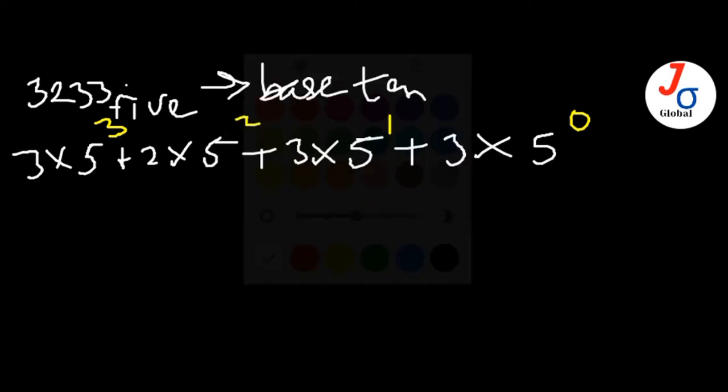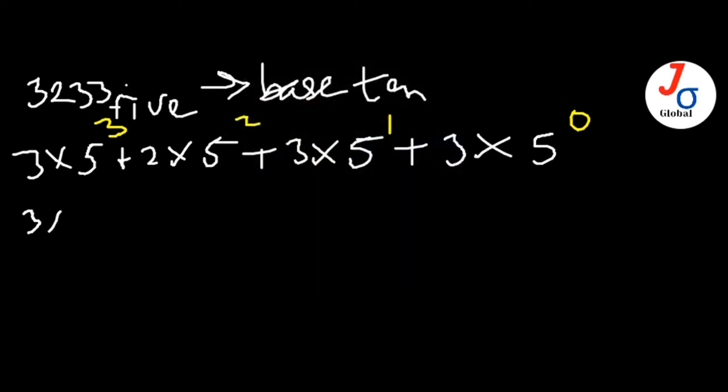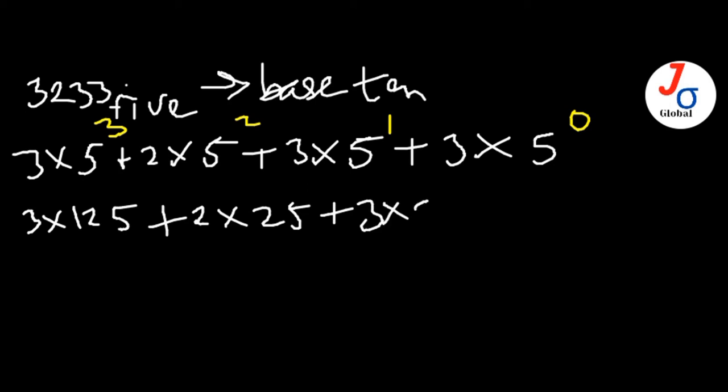So then you have 3 times 5 to the power of 3, which is 125, plus 5 to the power of 2, which is 25, plus 5 to the power of 1, which is 5, plus 5 to the power of 0, which is 1.